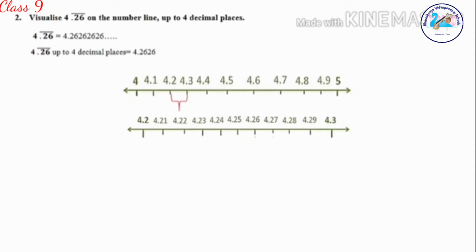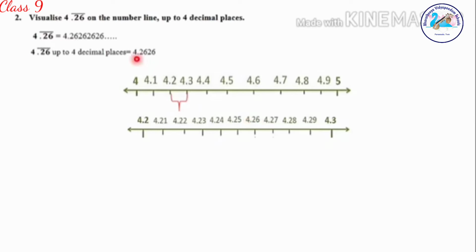So next, just locate the position of 4.2626. It is quite clear that 4.2626 lies between 4.26 and 4.27, because the starting 2 digits we know are 4.26, which is represented here.